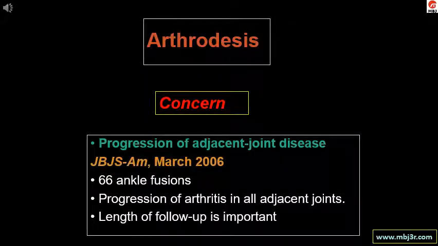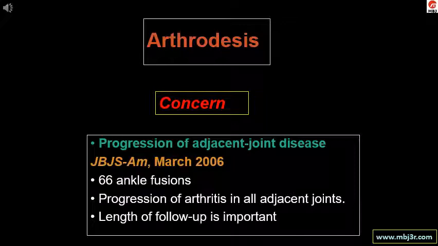Concerns following ankle arthrodesis. Ankle arthrodesis is not without any side effects. Even if it is successful, it leads to adjacent joint arthritis, subtalar and talonavicular disease. In one study of 66 ankle fusions, authors reported significant radiological progression of arthritis in all adjacent joints.